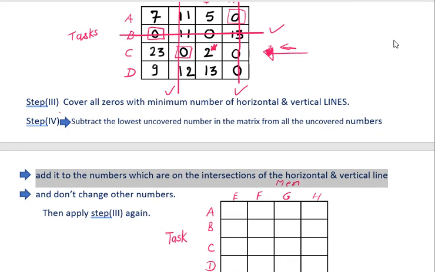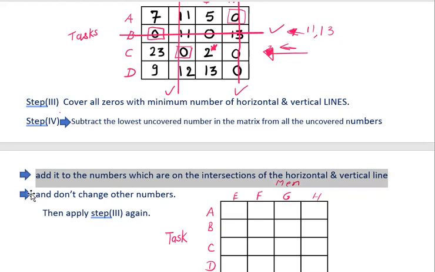This 13 in this second row is a number on the intersection, and this 11 is also a number which is on the intersection. So two numbers are on the intersection of horizontal and vertical lines. We have to add 2 to these, add this smallest number 2 to 11 and 13. And do not change other numbers.